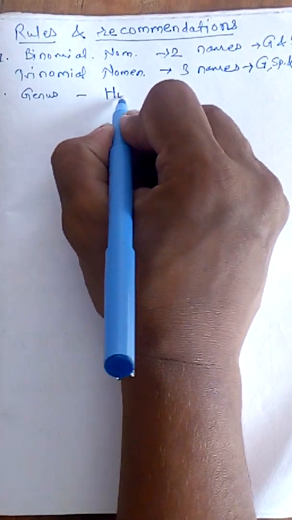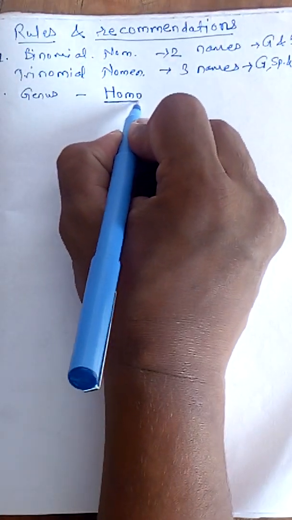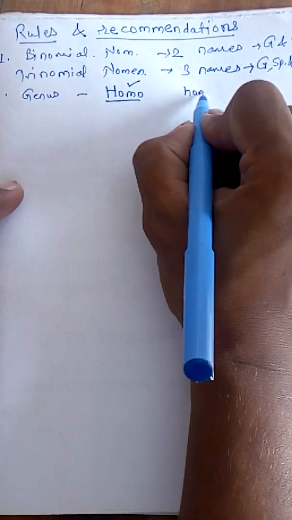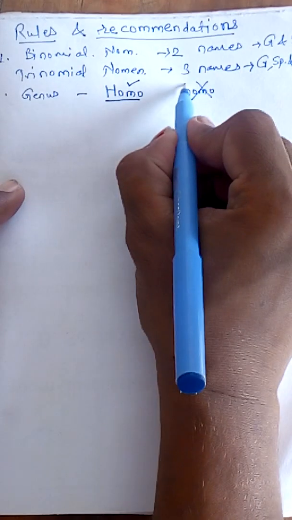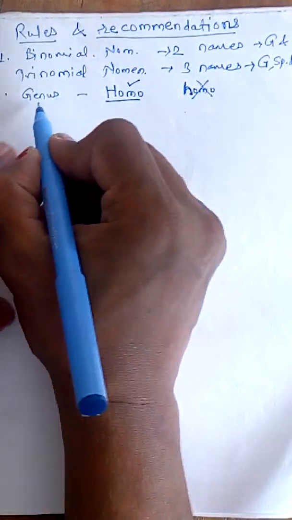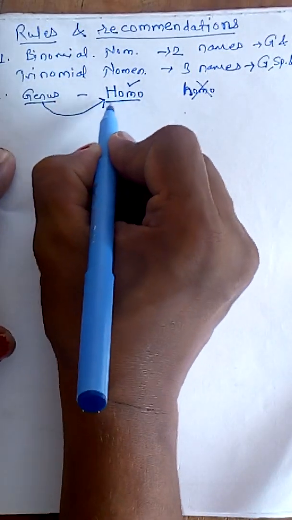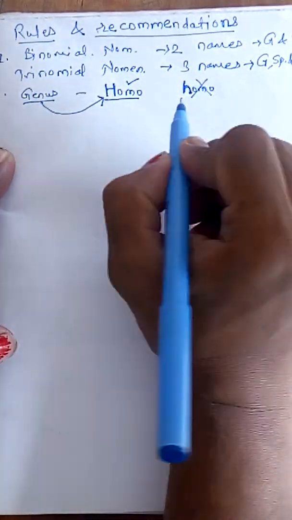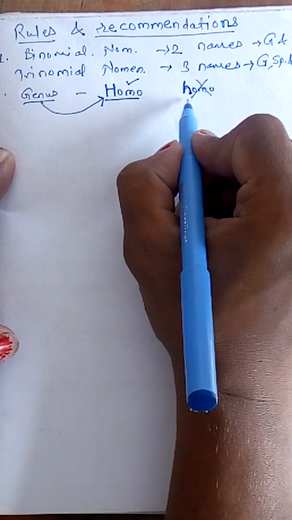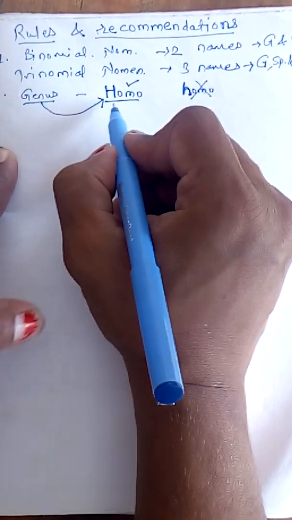So here we write it with a capital H. This is the correct method. But if you write it this way, with a small h, this is the wrong method, because Homo is the genus, and when it is the genus, it must start with a capital letter. This one is the correct method.